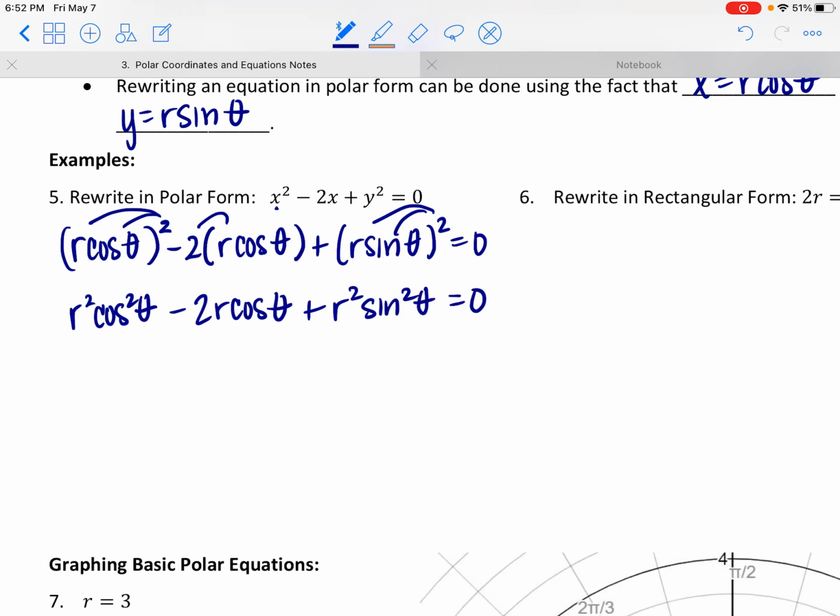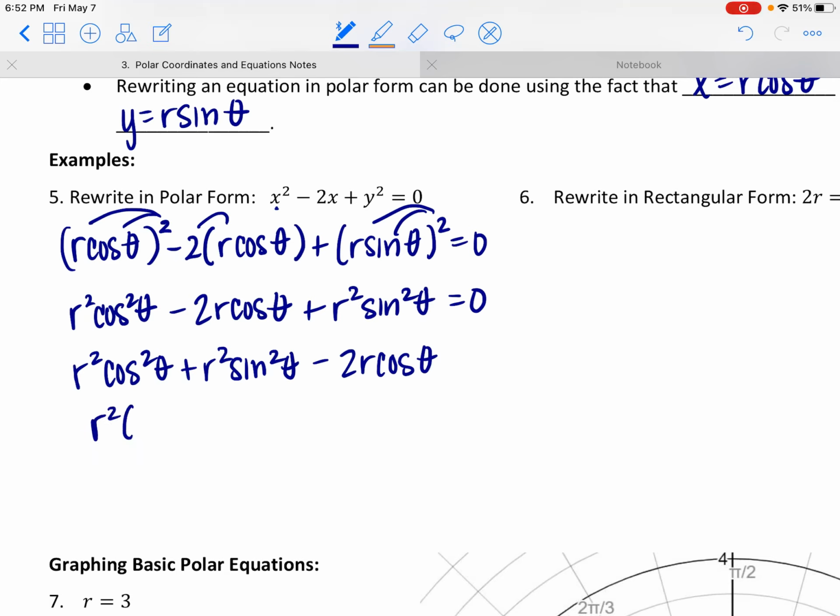Now, when I see a cosine squared and a sine squared, hopefully you're seeing this too, we can use a Pythagorean identity. So if I move those two terms together, r squared cosine squared theta and r squared sine squared theta, I'm just rearranging right here, then I can actually factor out an r squared from those.